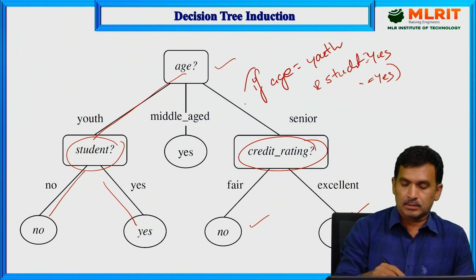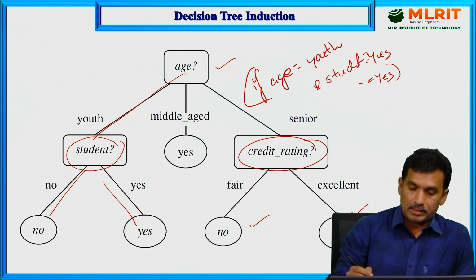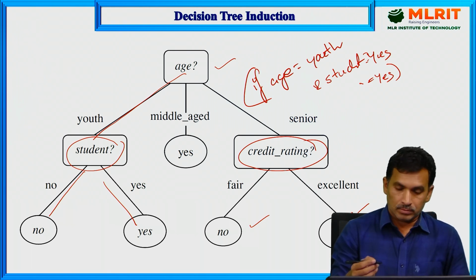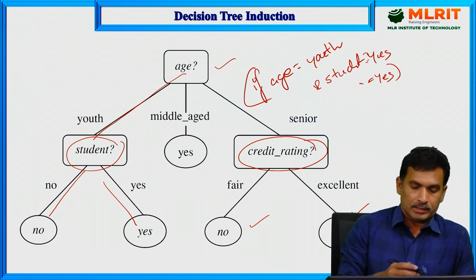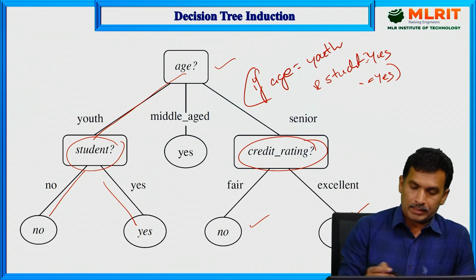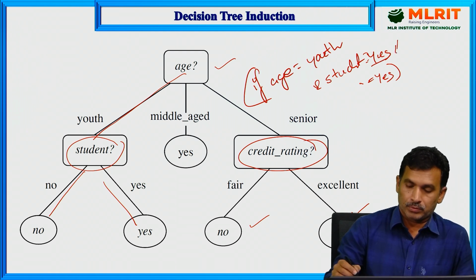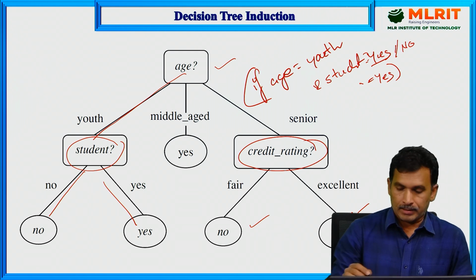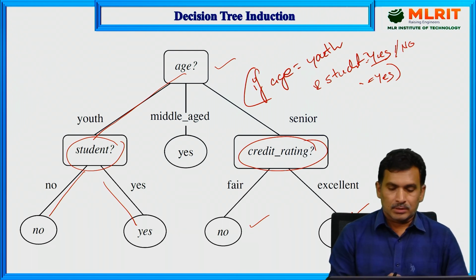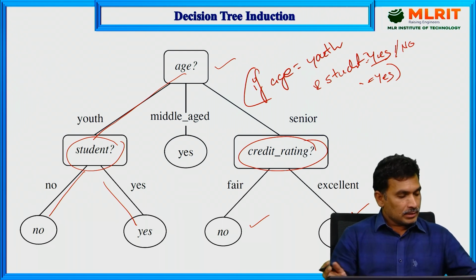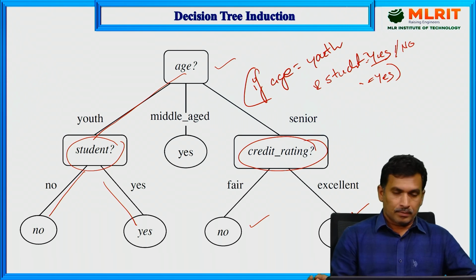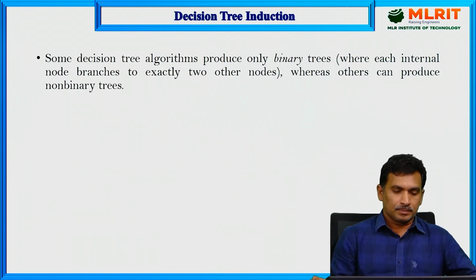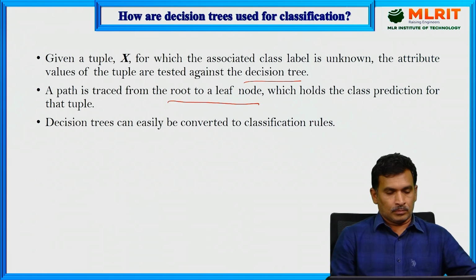This is one rule. Similarly, we can write another rule: if age equals youth and student equals no, there is another possible value for student. We will discuss this in detail in the coming lecture once we construct the decision trees.